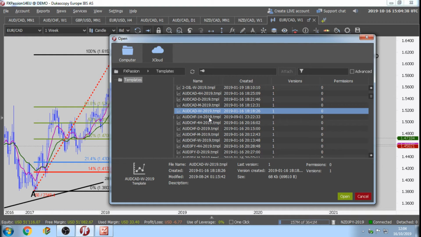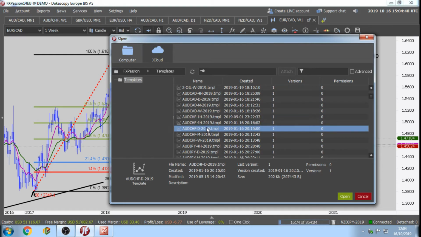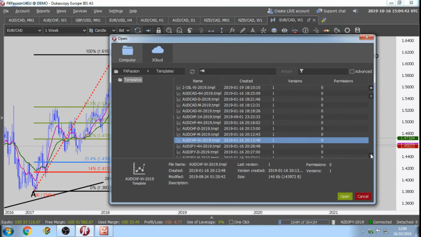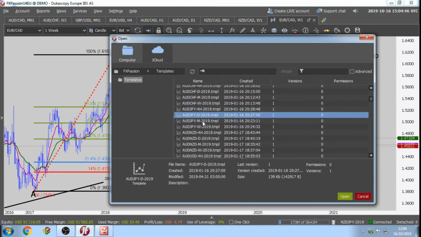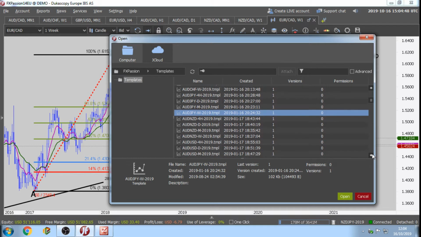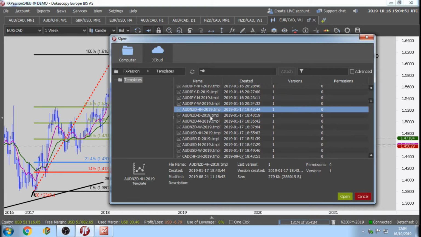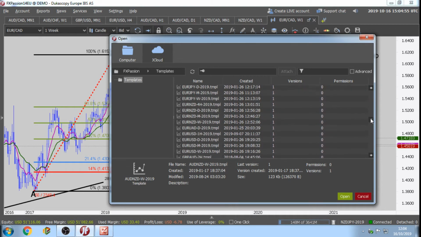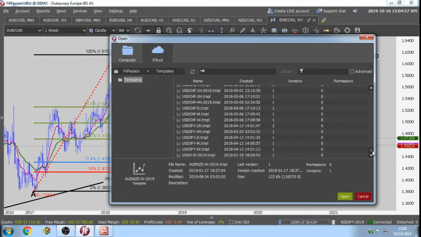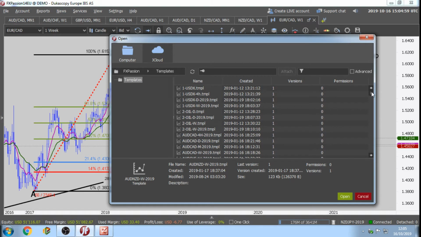AUD CHF 1-hour chart, 4-hour chart, daily chart, monthly chart, weekly chart. AUD JPY 4-hour chart, daily chart, monthly chart, weekly chart. AUD NZD 4-hour chart, daily chart, monthly chart, weekly chart. All the 23 currency pairs, and they have Fibonacci's on all of them.